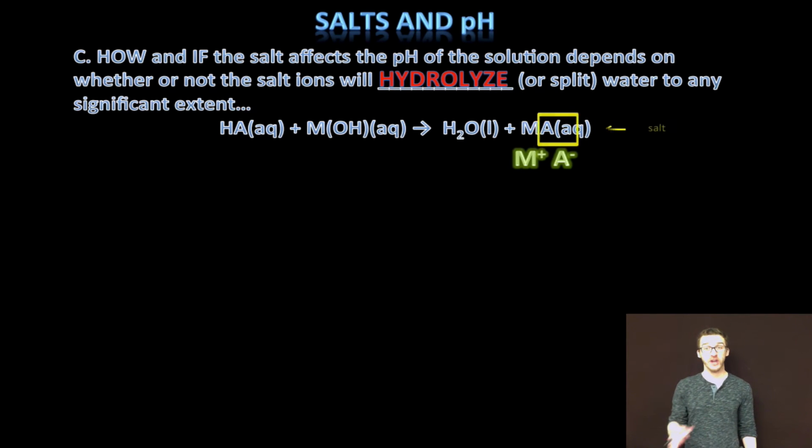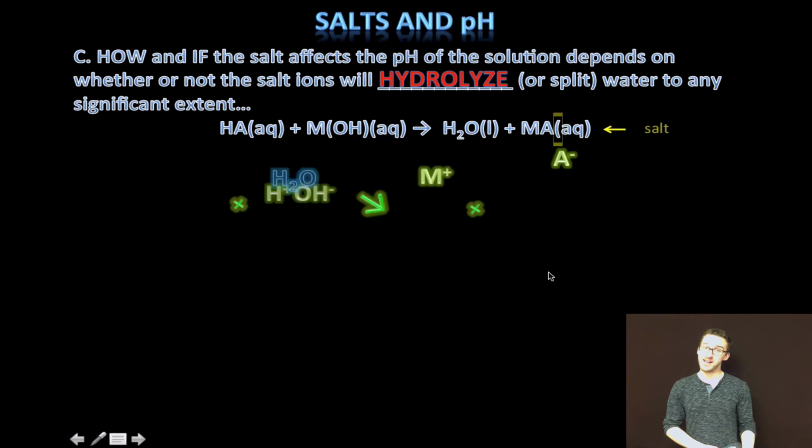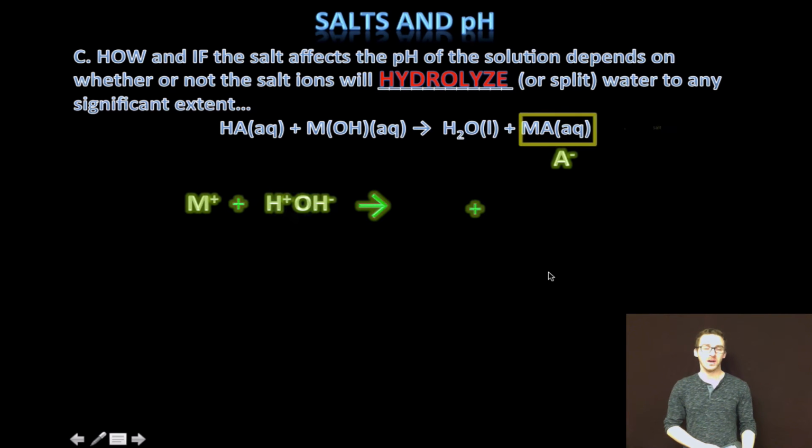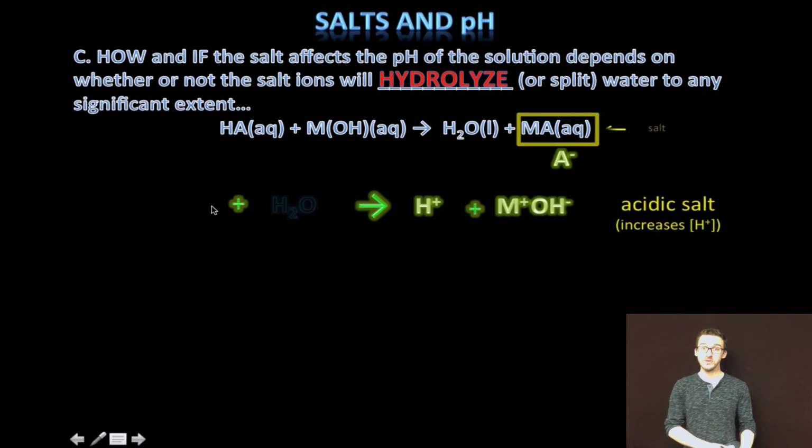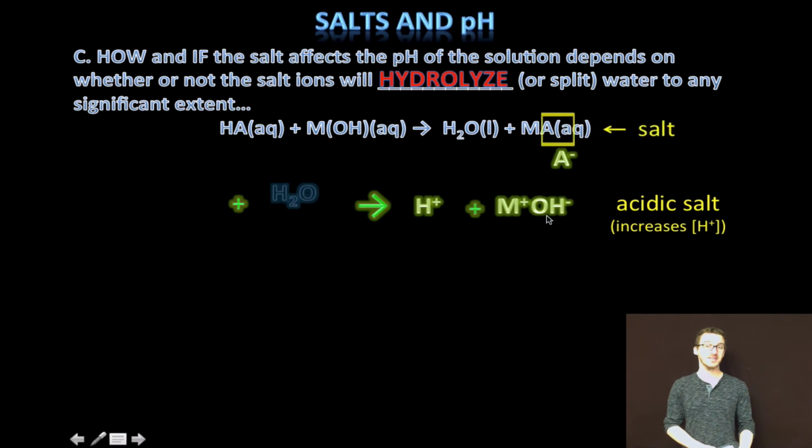So again, you've got a general formula for a neutralization reaction. I've split out the ions of that salt, the M cation and the A anion. If the cation can split or hydrolyze water, and I have broken out water here into H and OH, if this cation can split water, and it will do that by hooking up with the hydroxide part of the water, we say then that salt is an acidic salt, because what's happening is that cation is splitting water and creating additional hydrogen ion.